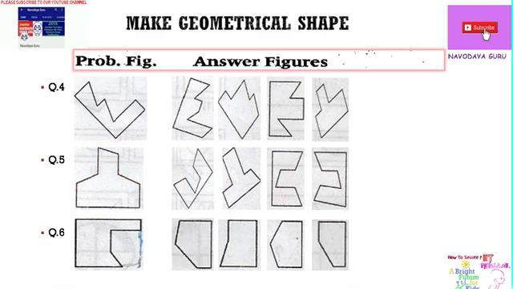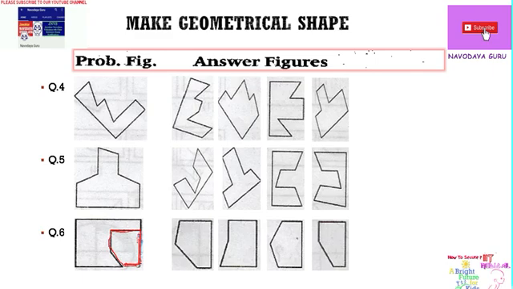Let's go to question number 6. In question number 6, we can see there is an incomplete rectangle. So let's draw the border to get the answer. Now here we have drawn the border. So let's check our first answer.